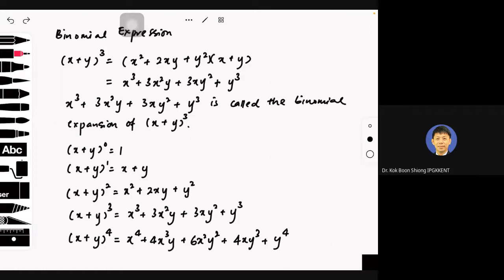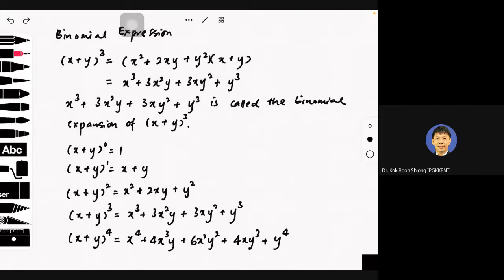If we further multiply by x plus y, we will get some sort of a pattern. (x+y) to the power of 0 is definitely equal to 1. Then (x+y) to the power of 1, and (x+y) squared is x squared plus 2xy plus y squared.